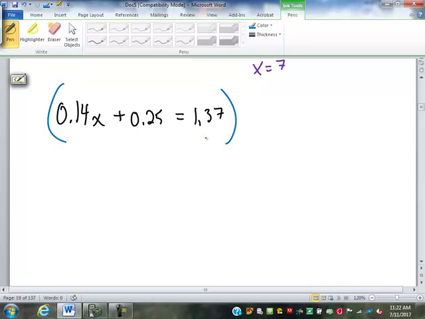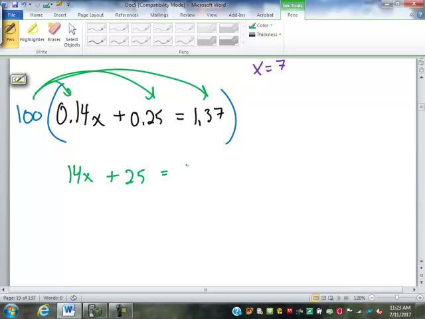So if you multiplied the whole thing by 100, it gets rid of the decimals. 100 times 0.14x is just 14x. 100 times 0.25 is 25. 100 times 1.37 is 137. And then you can solve that equation.